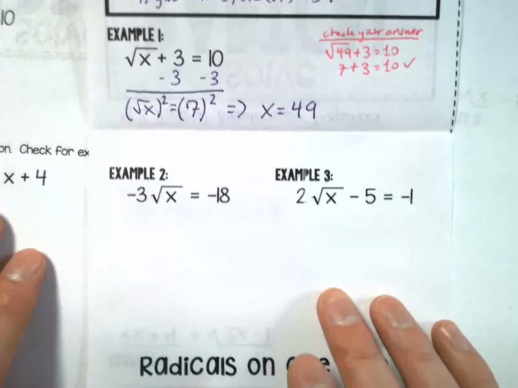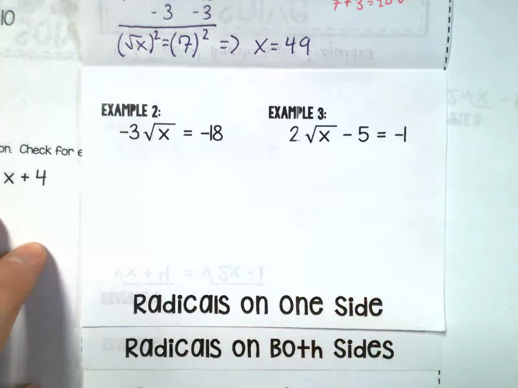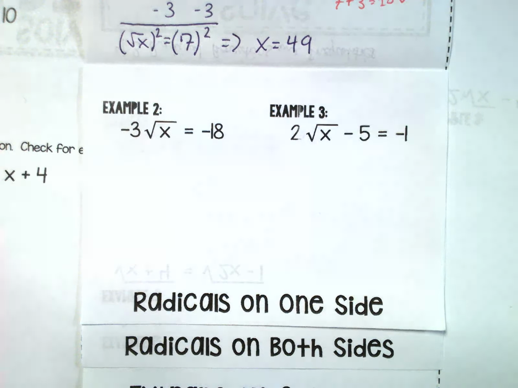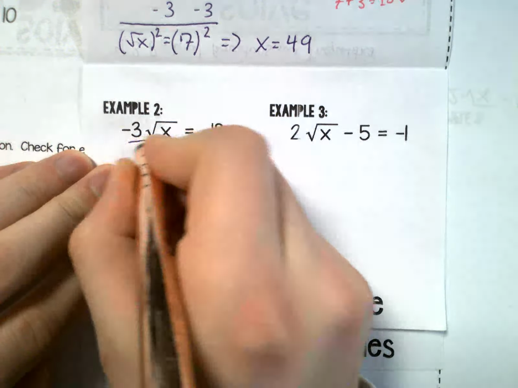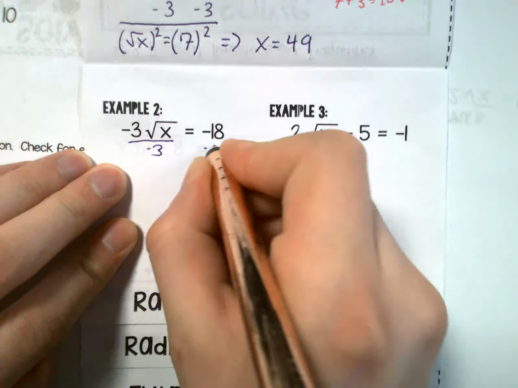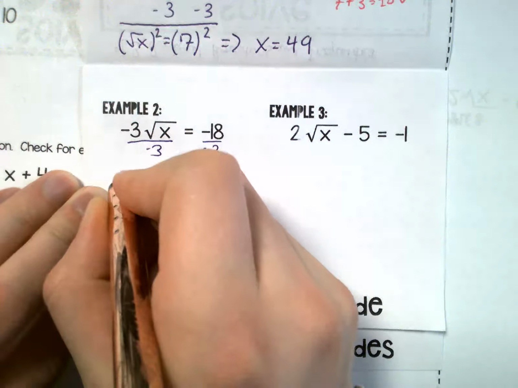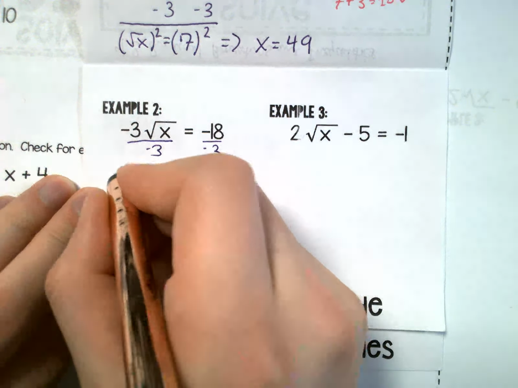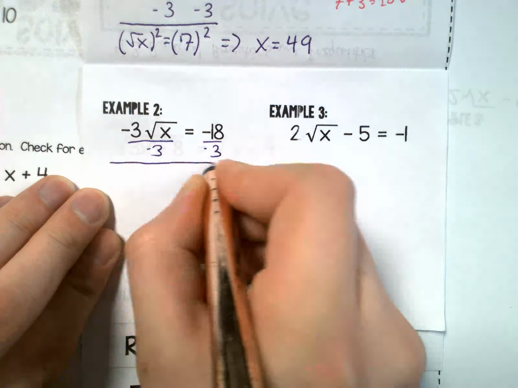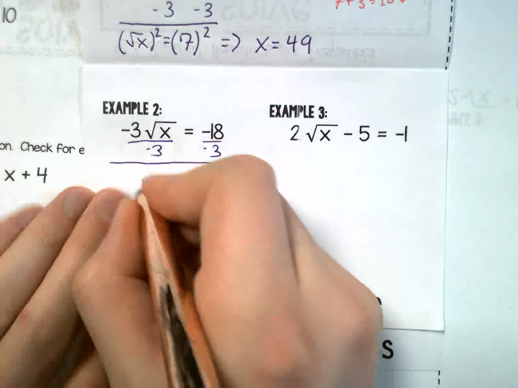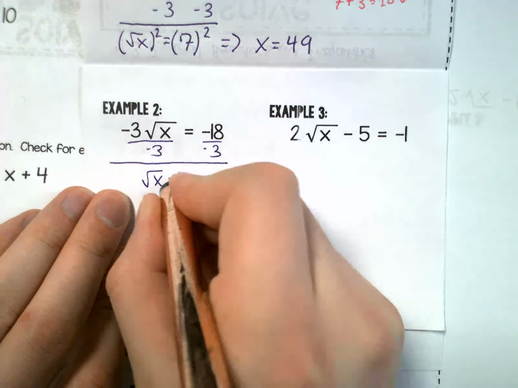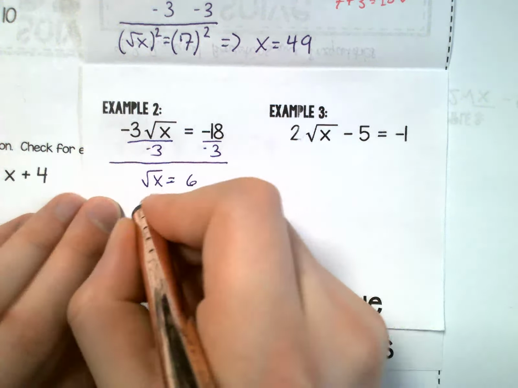For example 2, we have -3 radical x equals -18. Again, I'm going to divide both sides by -3. I get square root of x equals 6.